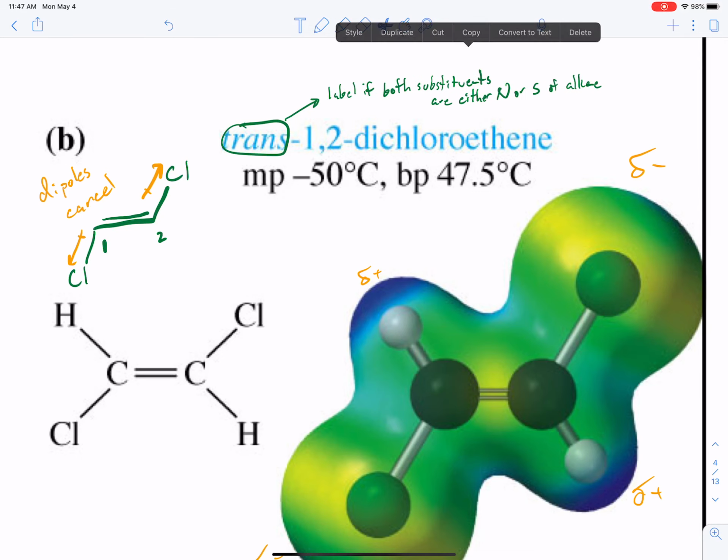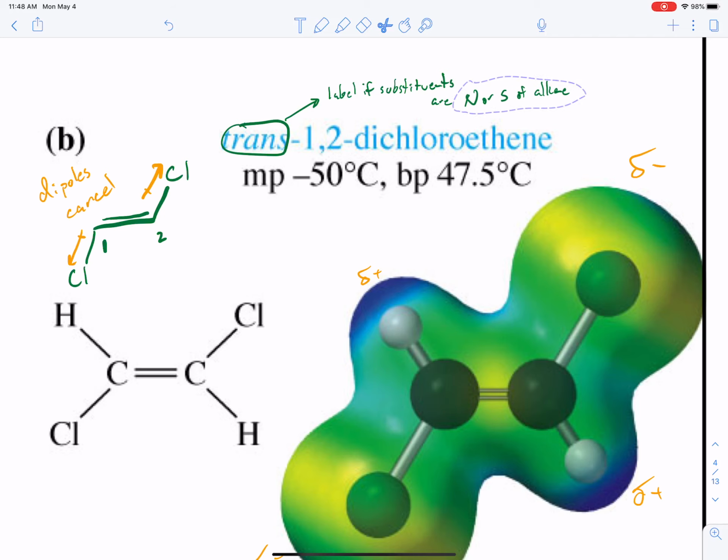Well, that is the label if your substituents are not both north or both south, but one's north and one's south of the alkene.